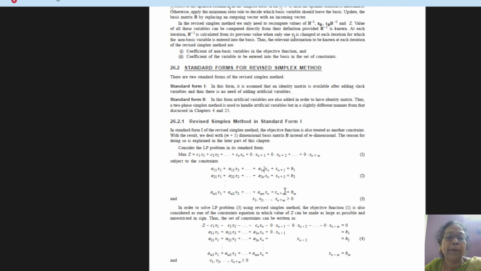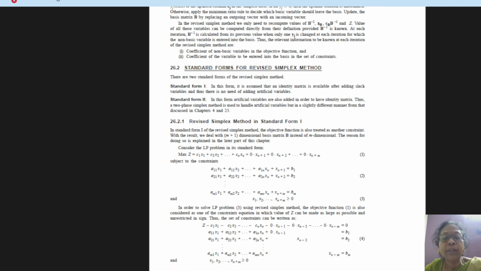And the second step, what we are doing is we make the objective function one of the constraints. So for the revised simplex method, we just include the objective function as one of the constraints. So the basis matrix B becomes m plus one dimensional, right?